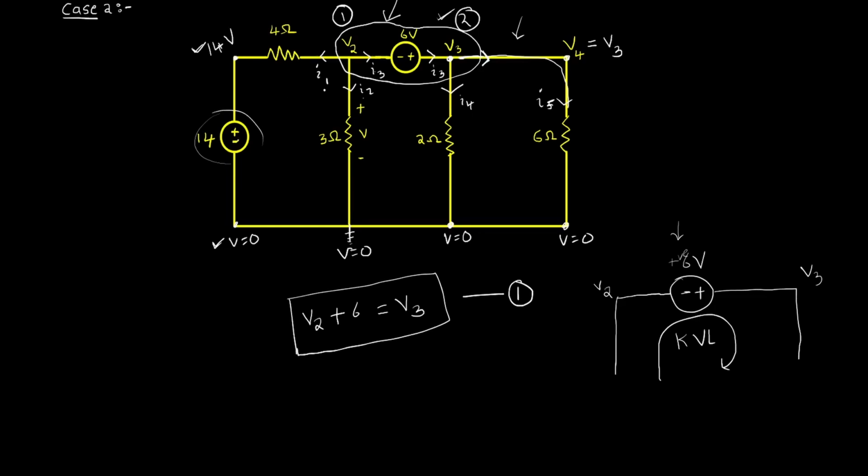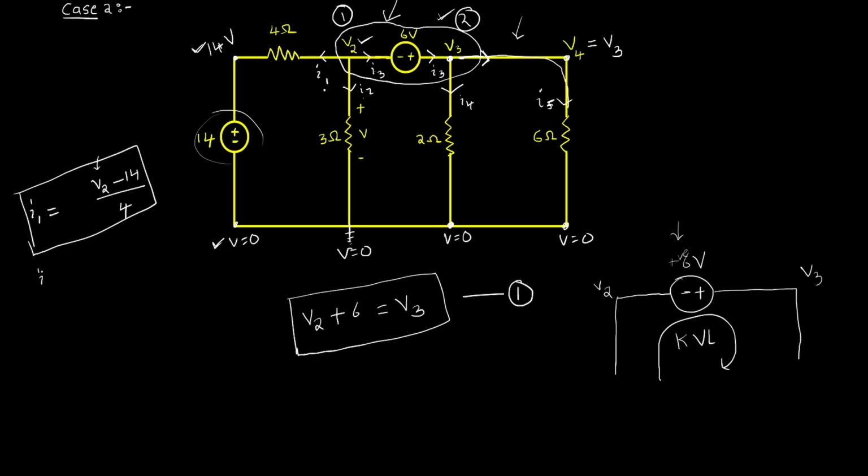So we can rewrite the current I1 as V2 minus 14 divided by 4. Here we subtracted the 14 volts from V2 because the current travels from higher potential to lower potential. So V2 must be at higher potential, which must have a higher value. So we subtract the value 14 from V2. Here we obtain the value of I1.